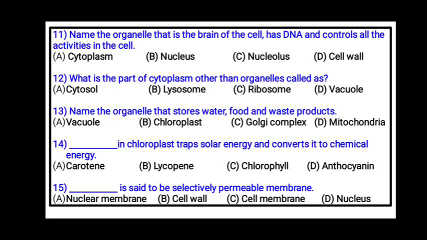11th one, name the organelle that is the brain of the cell, has DNA and controls all the activities in the cell. A. Cytoplasm, B. Nucleus, C. Nucleolus, or D. Cell wall. 12. What is the part of cytoplasm other than organelles called as?